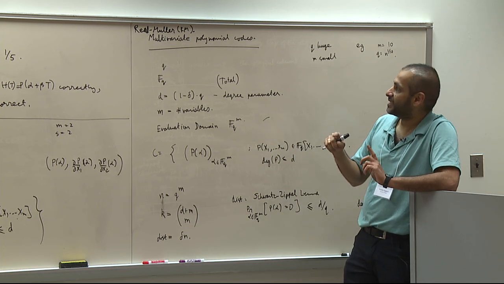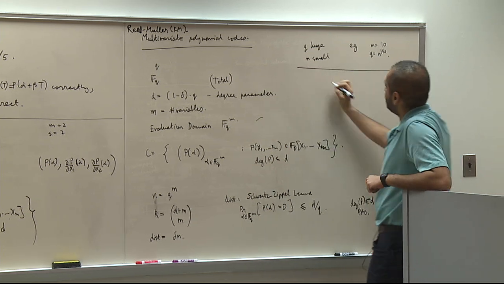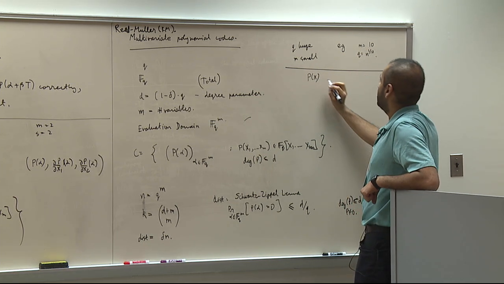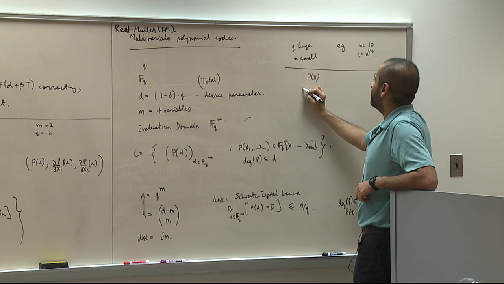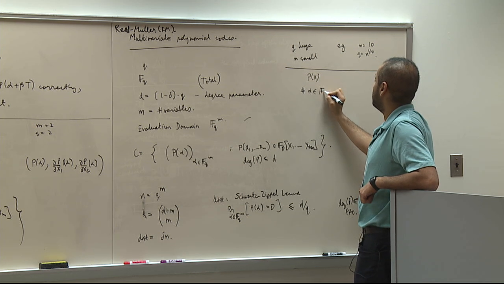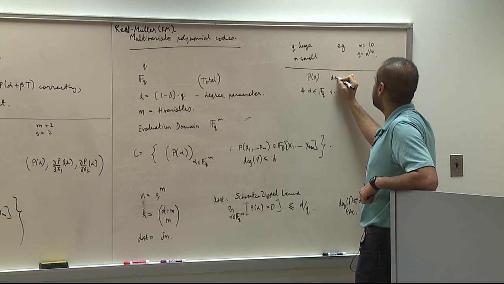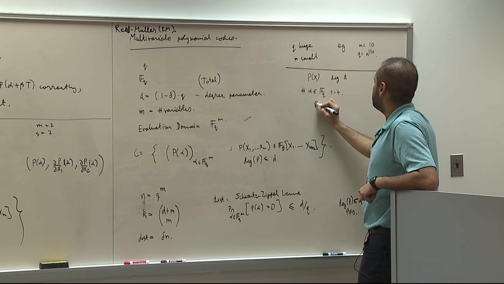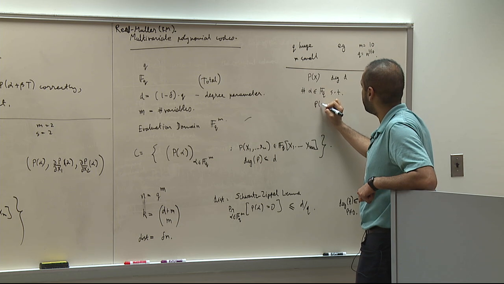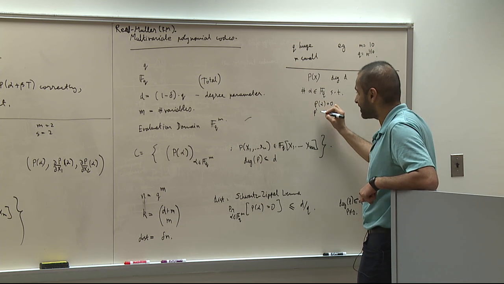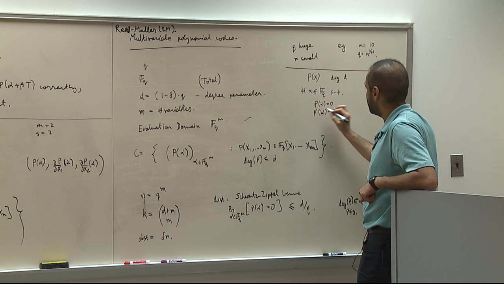So now I can say a nice fact. If you have univariate polynomials P(x) in a single variable of degree d, then what is the number of alpha in F_q such that P(alpha) equals 0 and P'(alpha), the derivative, equals 0?